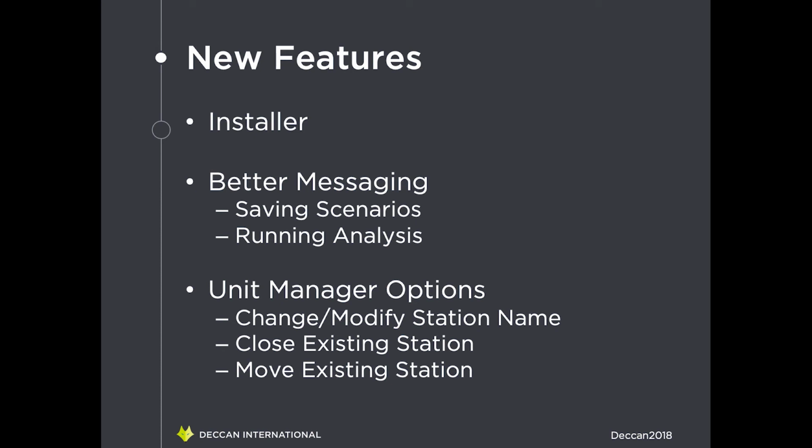So Unit Manager also has some improvements, and for those of you who have used the application, these will be big ones. Change and modify a station name. So you can maybe imagine that if you had multiple different station locations here, and they all said new, and then a big long line of numbers, and the numbers were a little bit different, it might be hard to go to City Council when you're probably using some internal terminology for all of these locations.